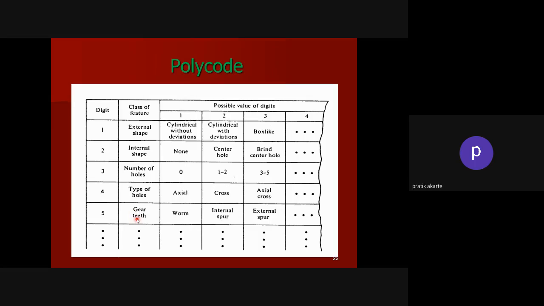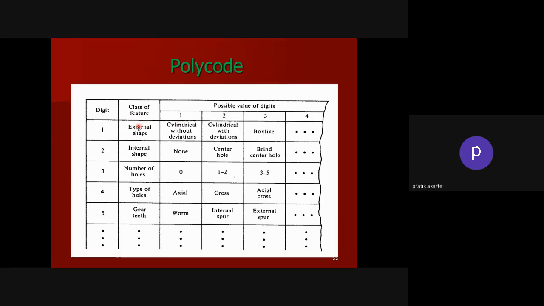Again, if we are having gear teeth, then we can go for digit number 5, and depending on the type of gear teeth, internal spur or external spur or whatever it may be, we can assign the value.